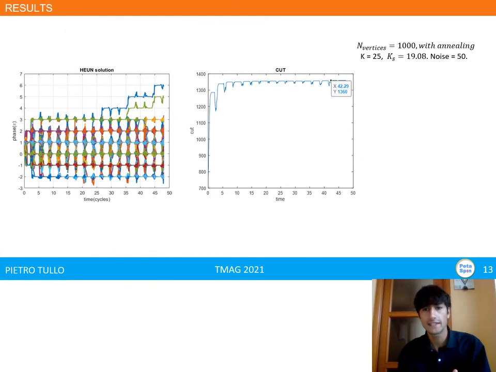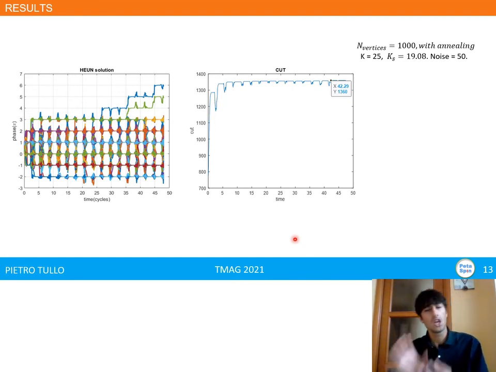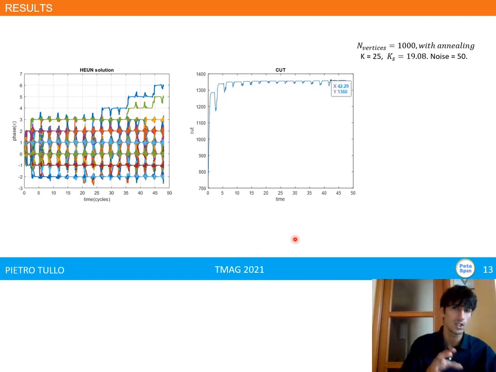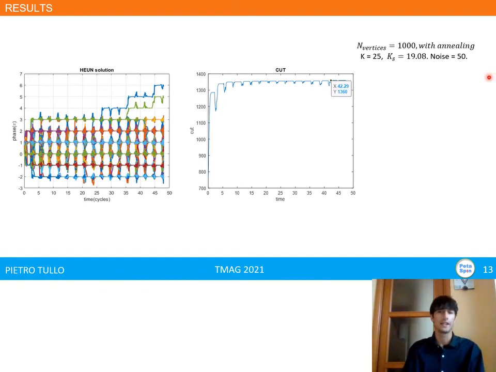So we can see here our annealing technique applied to the system, and the annealing can help us get out of the local minimum of the energetic function of the Kuramoto model and go toward the global minimum of the function, which gives us a better result than the other two cases.